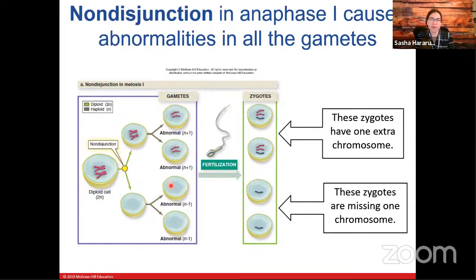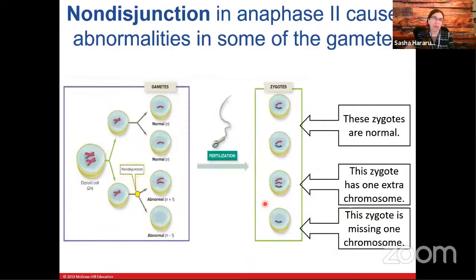And if the empty gamete from one of the parents meets with a normal gamete from the other parent, the resulting zygote will be missing 1 chromosome. During anaphase 2, there can also be non-disjunction. And as a result of non-disjunction in anaphase 2, there are still going to be some errors in the zygotes, but there can be a zygote that is missing only 1 chromosome, there can be a zygote that will have 1 extra chromosome, and there can be two normal zygotes.